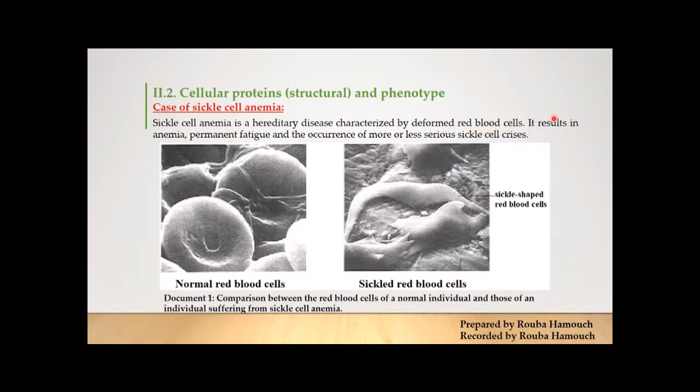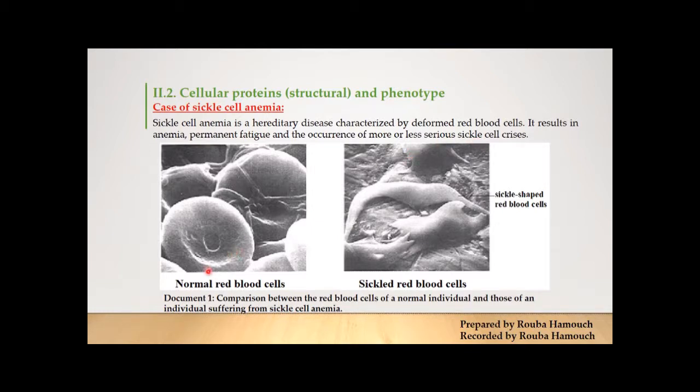It results in anemia, in a permanent fatigue, and the occurrence of more or less serious crises. So the individuals with sickle cell anemia show serious sickle cell crises sometimes.